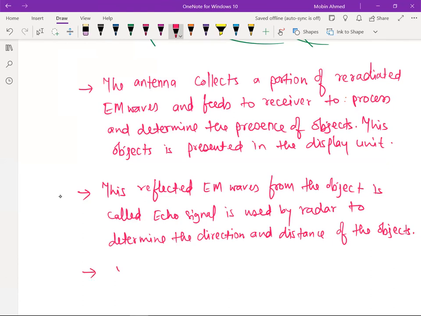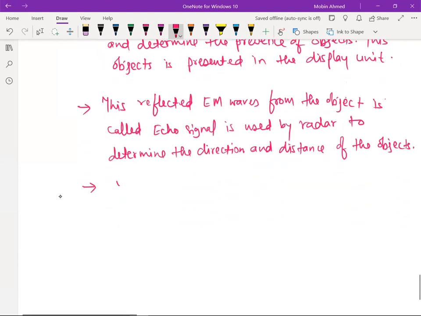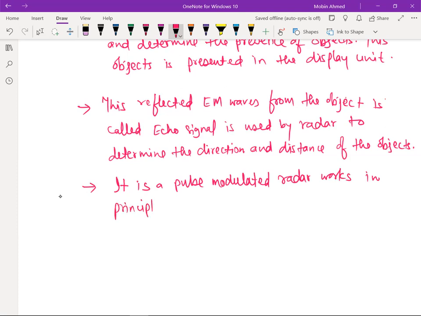So already I have told you it is a pulse modulated radar which works in the echo ranging principle. So I am again writing this one. It is a pulse modulated radar works in principle of echo ranging.